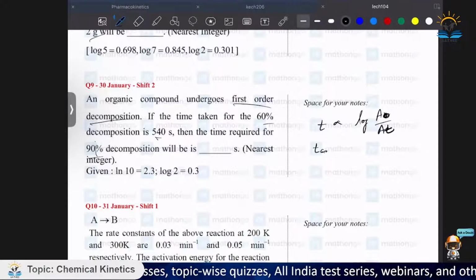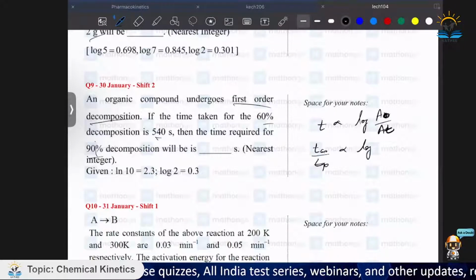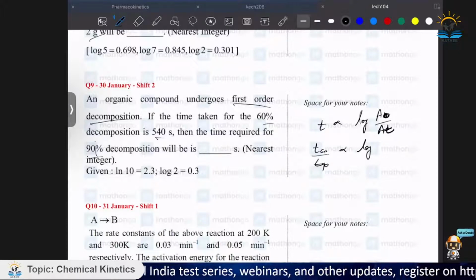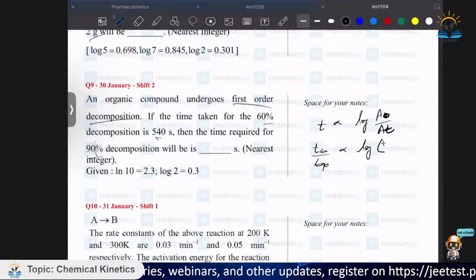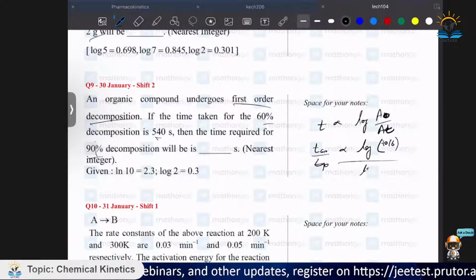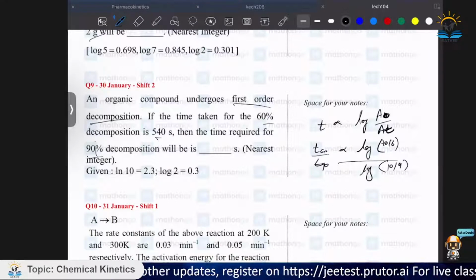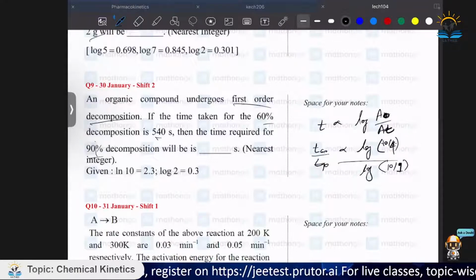So T60 upon T90 is proportional to log for 60, a naught will be like 10 by 4, divided by log 10 by 1, it's concentration ratio.